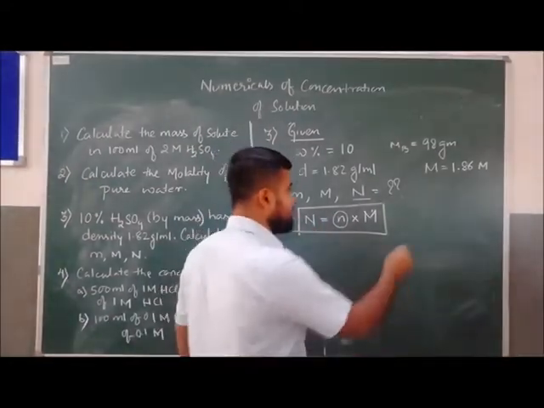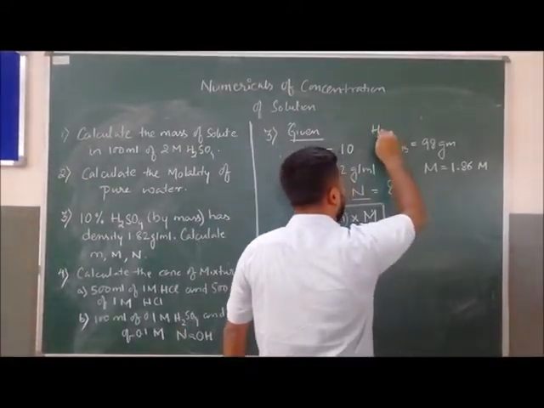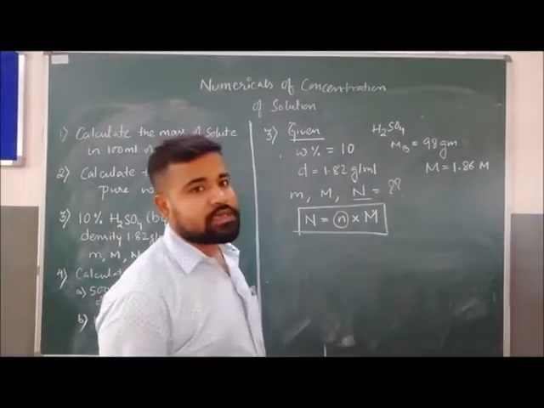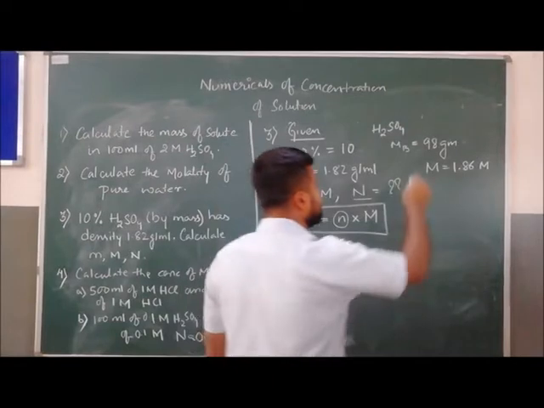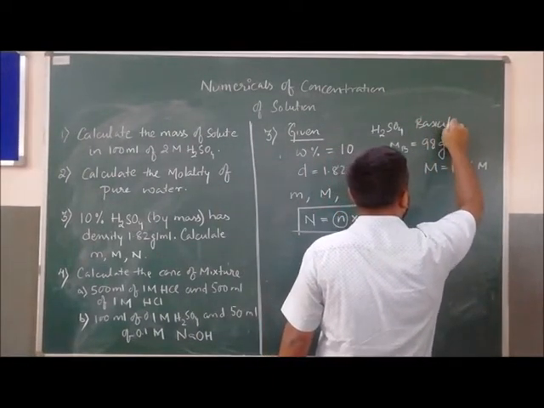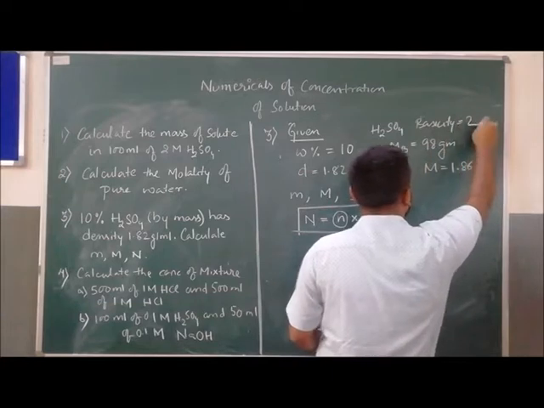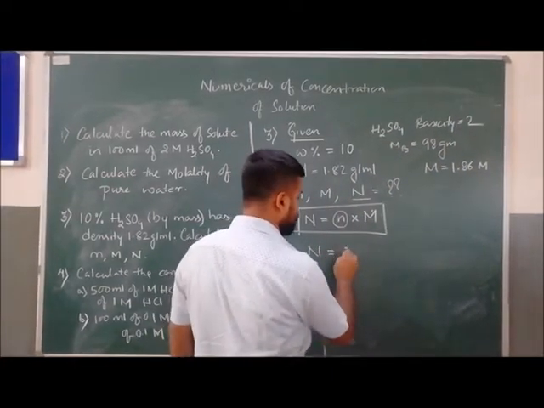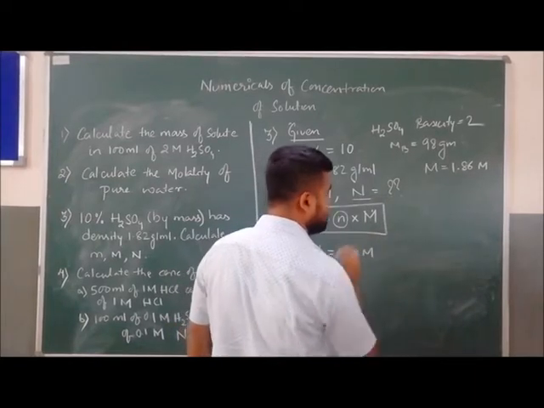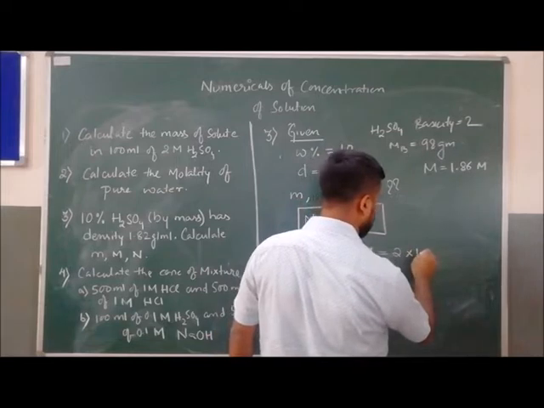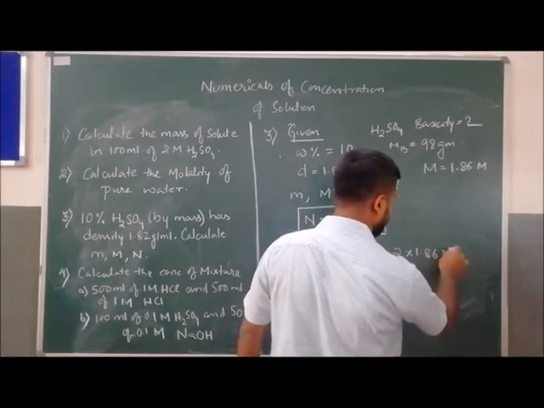So in the question the acid is H2SO4. So what is the basicity of this acid? The basicity of this acid is 2. So the normality is equals to 2 into molarity. So what is molarity? 2 into 1.86 molar.